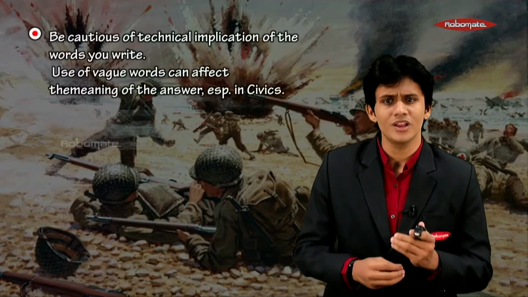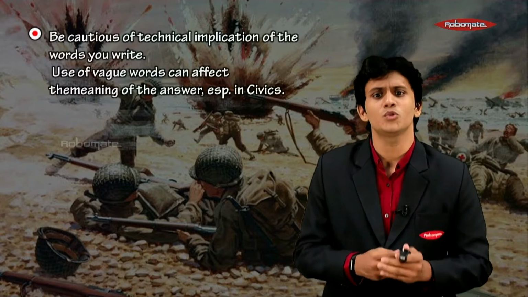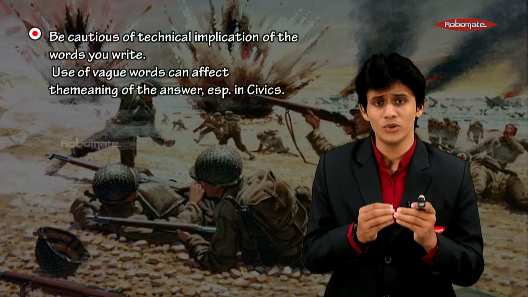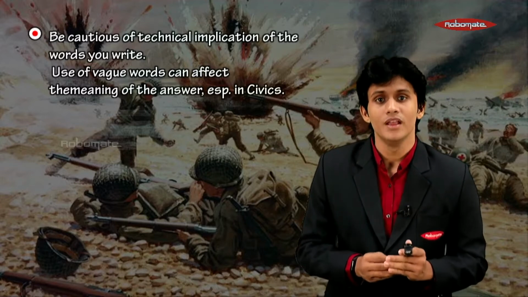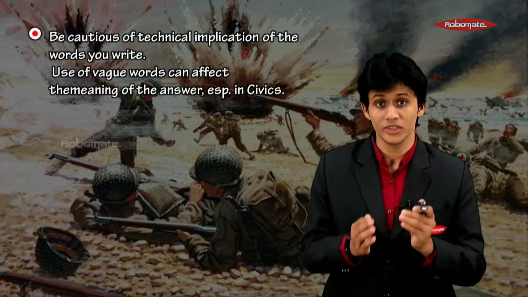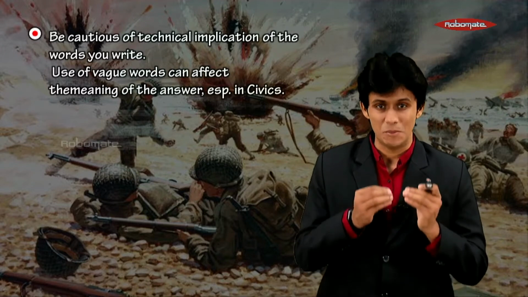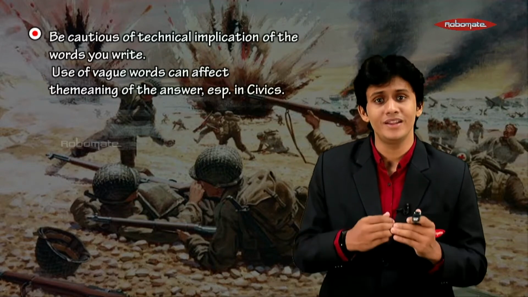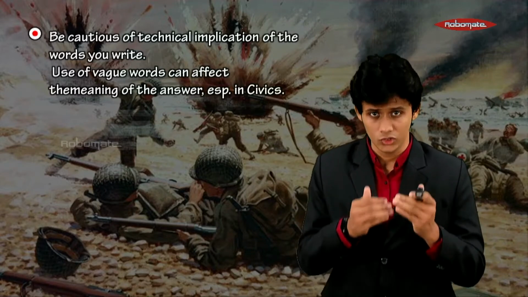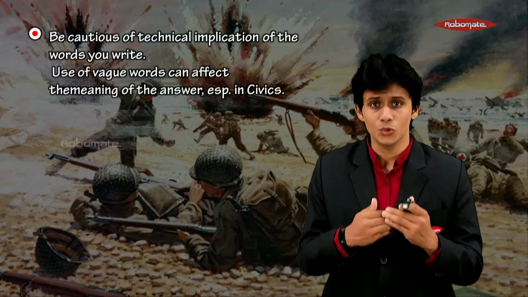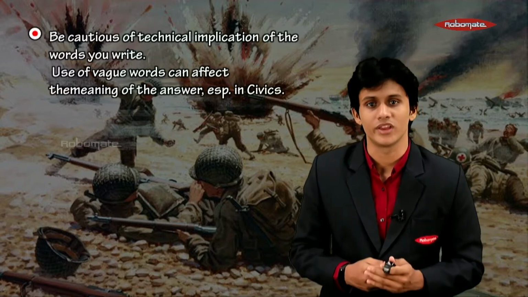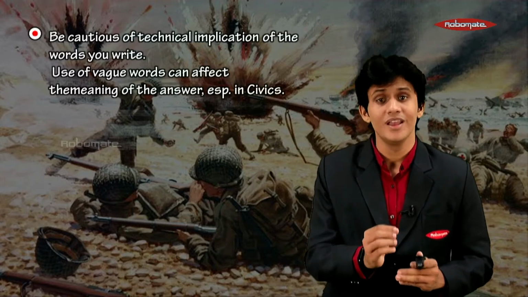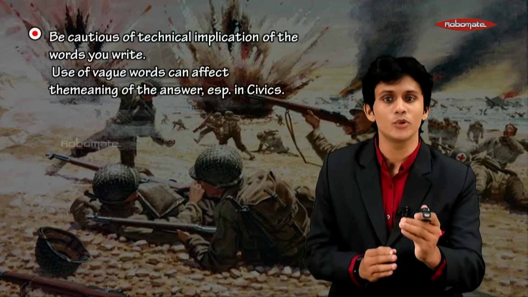Also, the common confusion among students is what are we supposed to write? Are these important words really that important? Dear students, please understand, when it comes to history and civics, the only things that matter are these important keywords. Otherwise, there is no difference between writing your own statements in history and writing your own made up stories in English or in any other subject. So you need to start being precise and use those technical words, especially in civics, which will help you get marks.